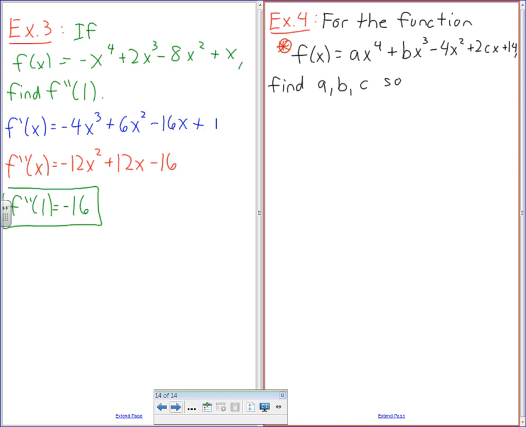So f of negative 2 equals 2, f prime of negative 2 equals 16, and f double prime of negative 2 equals negative 8.